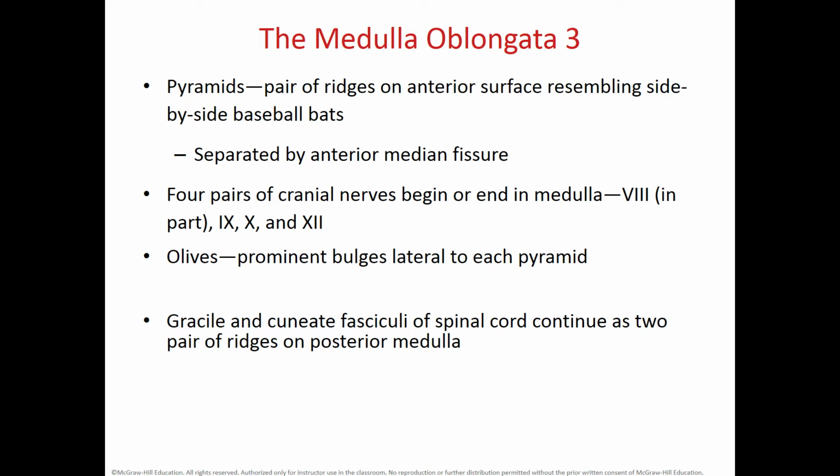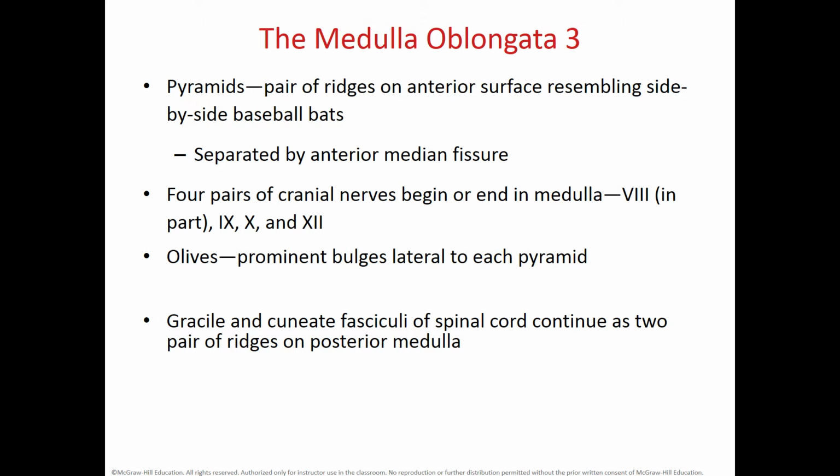Within the medulla oblongata, we also have the emerging of cranial nerves, like cranial nerve number 8 in part, which is the vestibulocochlear nerve, cranial nerve number 9, the glossopharyngeal, cranial nerve number 10, the vagus nerve, and cranial nerve number 12, the hypoglossal nerve.